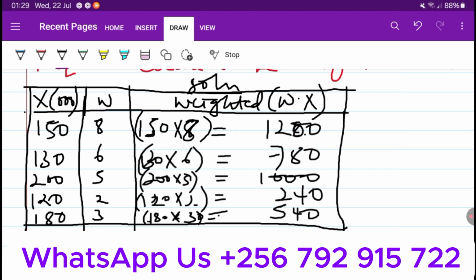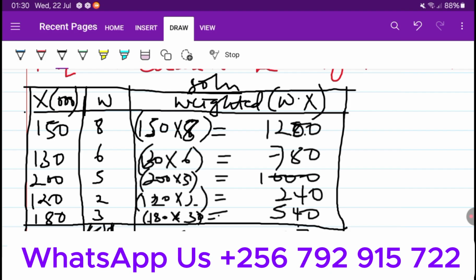So once you add all these values, this is summation W times X, which is equivalent to 3,760. And if you add, you get the summation W here, which is equivalent to 24.